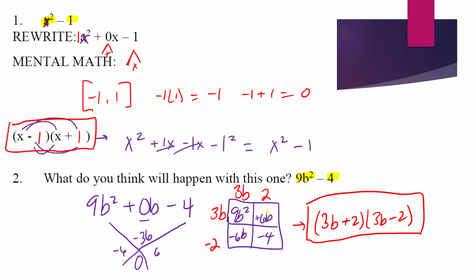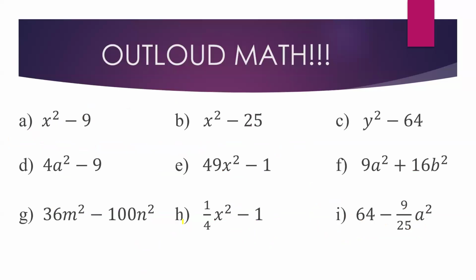The square root. 3b is the square root of 9b squared. What's the relationship between 4 and 2? It's the square root. So someone realized if I take the square root of these two, I can easily factor without having to do all of this extra work. Does that make sense? So they came up with what's called the difference of two squares.